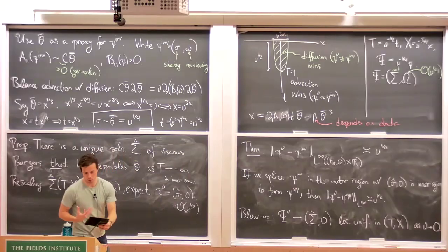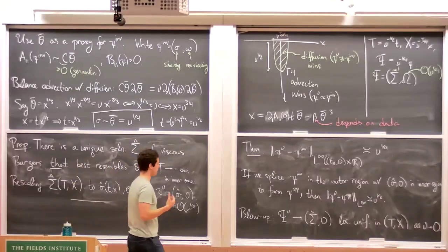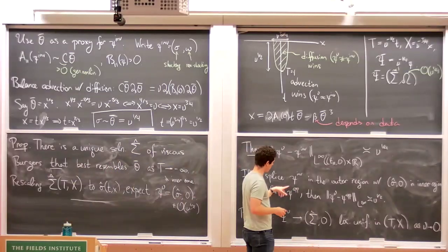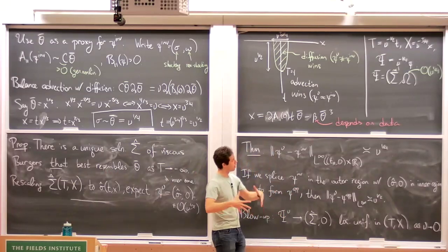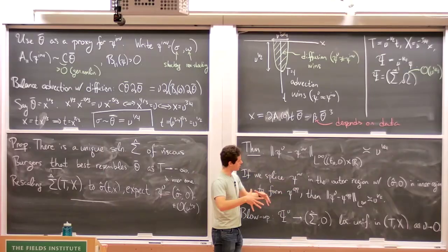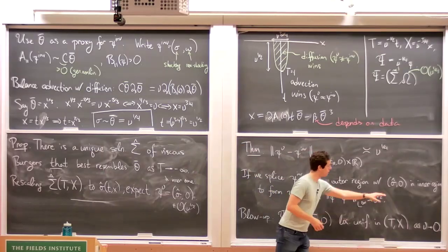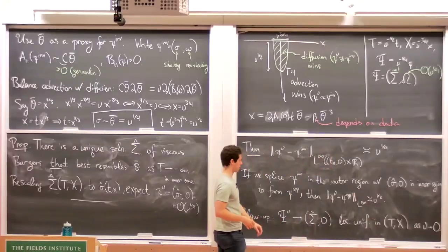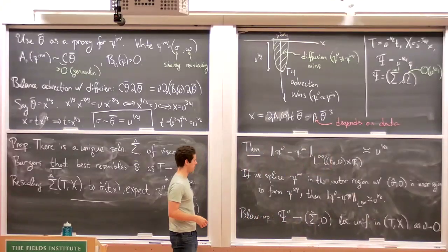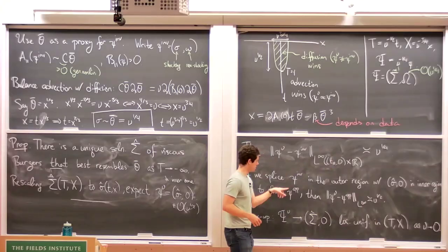The most direct approach is to say, well, we just constructed what we believe is a good approximate solution of the problem. We took the inviscid model away from the singularity, and we modified it close to the singularity using this universal viscous shock formation profile, sigma hat. So this is just a function.